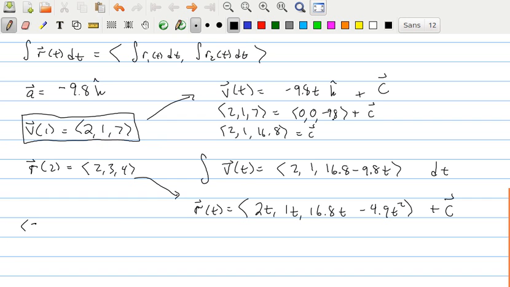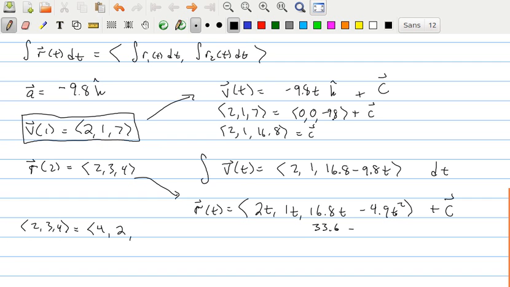So on the left-hand side of the equation, we get 2, 3, 4. And on the right-hand side of the equation, we're plugging 2 in now for all the t's here. So this is going to give us 4, and then 2. Now here we're plugging 2 in for both of these t's. So this is going to be 16.8 times 2 is 33.6.